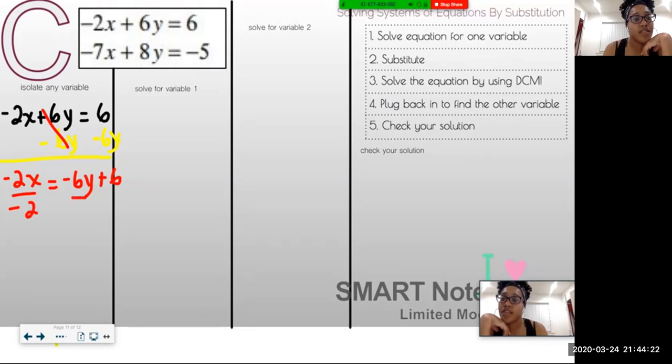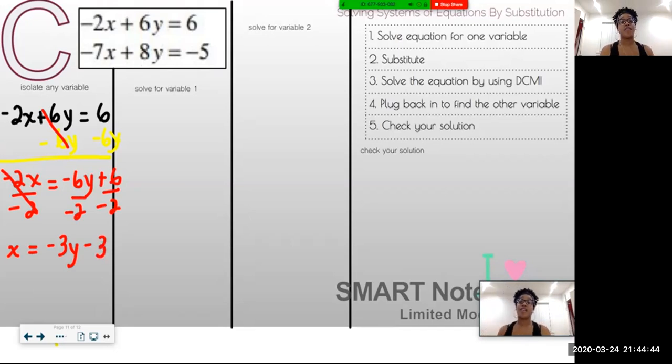So I'm going to divide everything by negative 2. And I'm left with x is equal to negative 6 divided by negative 2 is negative 3y. And positive 6 divided by negative 2 is negative 3. So this is now what x is equal to. X is equal to negative 3y minus 3.